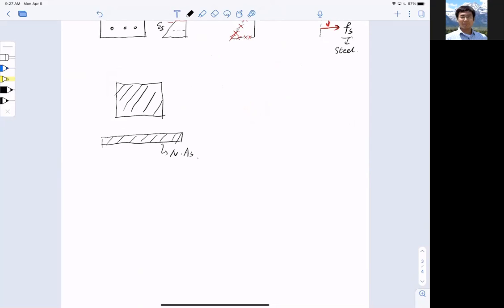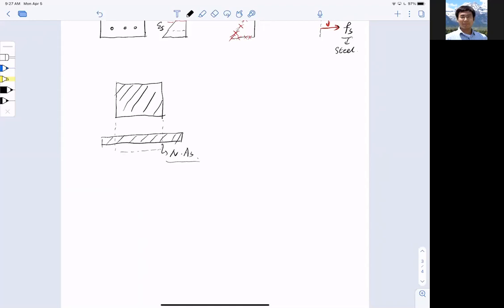You may ask, where is that minus one? Because we don't have to fill the hole back in, since there's no concrete in this area anymore. So I just have n multiplied by As left. Just to give you a residual image, this is where the cross section of concrete used to be, and now I only have these two parts.